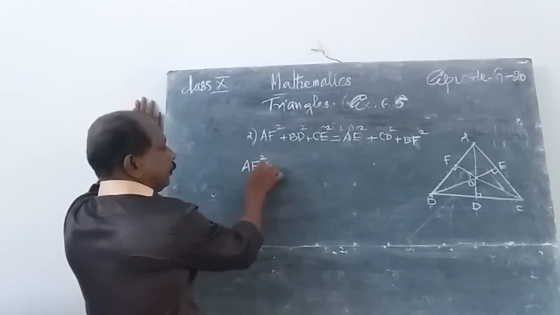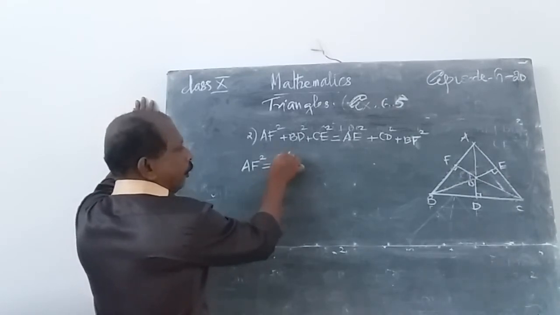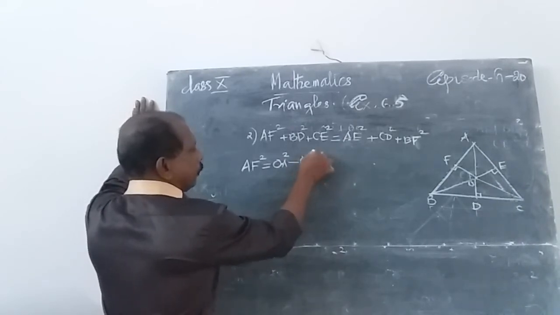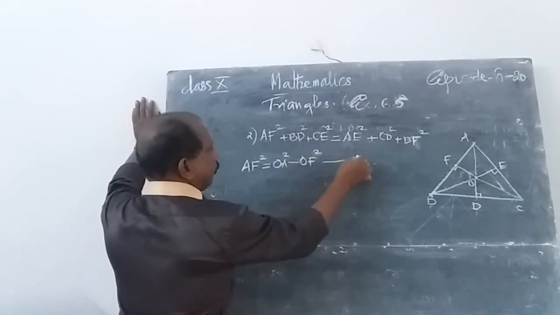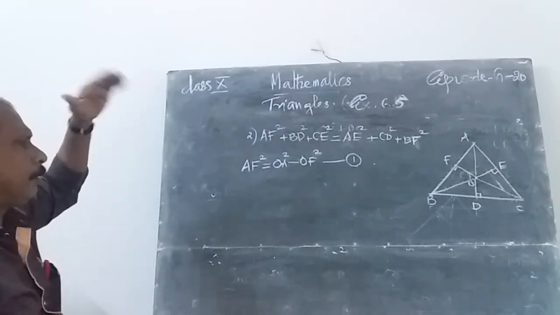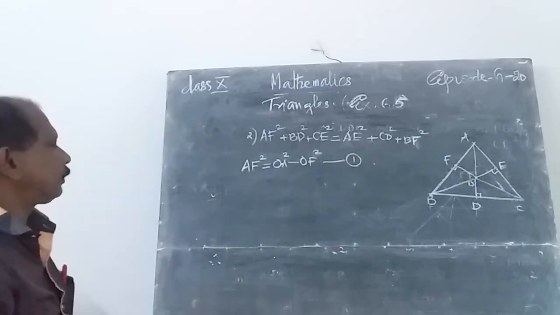For the second result, AF square is equal to OA square minus OF square. Equation number 1. That is hypotenuse square minus, so it is like in the previous case.